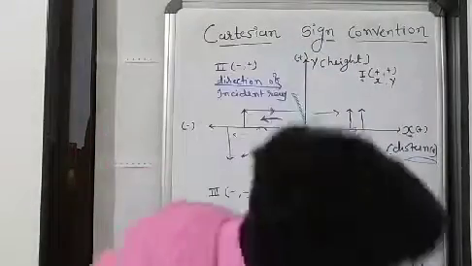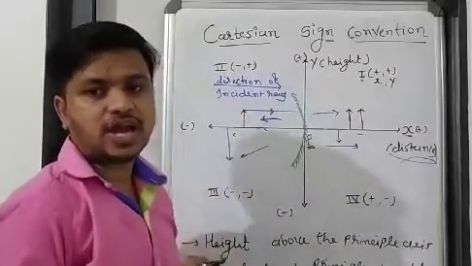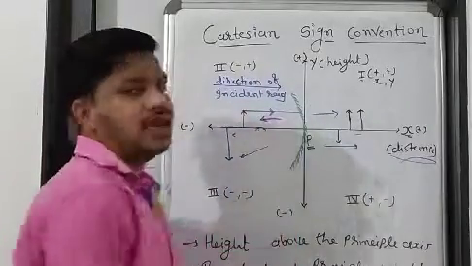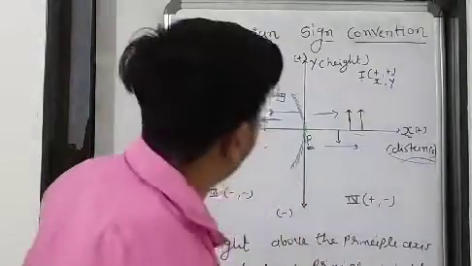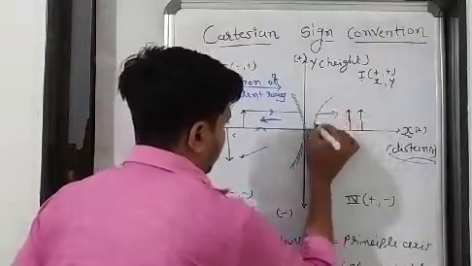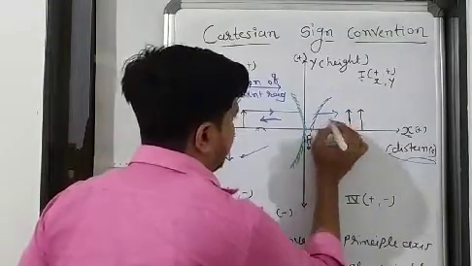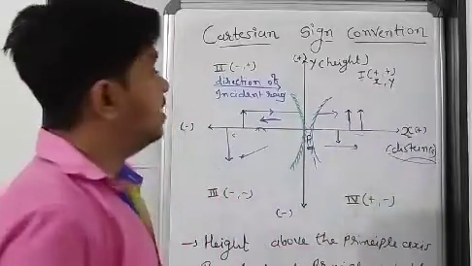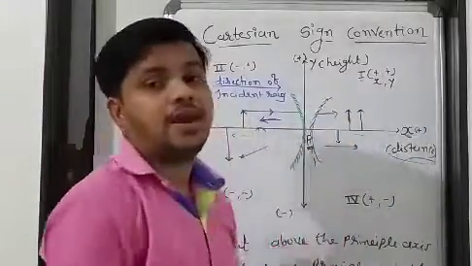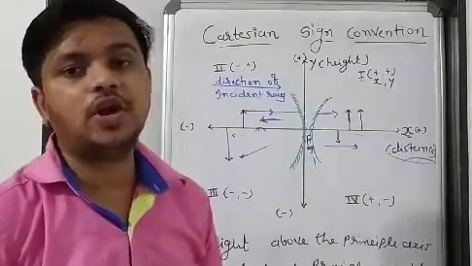Here you can see that on the left side distances are negative, on the right side distances are positive. But if I take a mirror like that, with the reflecting surface on the right, then it becomes laterally inverted. Their sides change. Height will not.